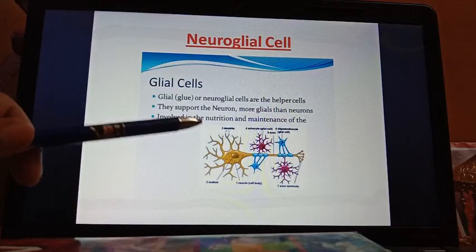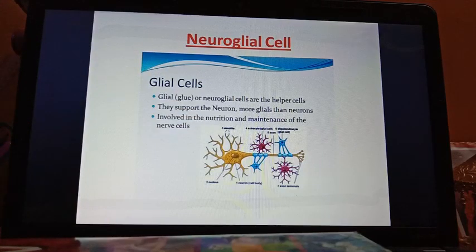These are known as helper cells. They support the neuron. More glial cells are present in the nervous tissue than neurons. They are involved in the nutrition and maintenance of the nerve cells.